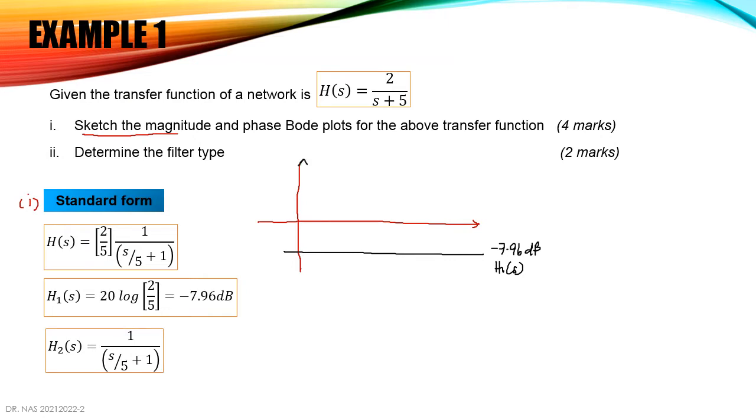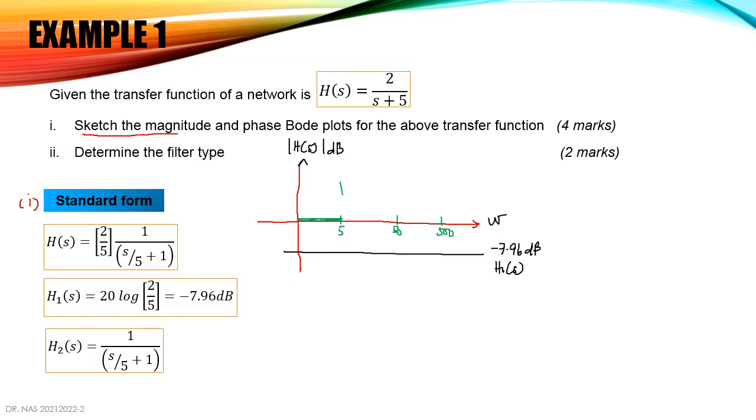Next you have the pole at 5. Okay, so at 5, it's 0 from 0 to 5, and then you have negative 20 dB per decade from 5 onward. So this is 5, and then 50, and then 500, and so on.